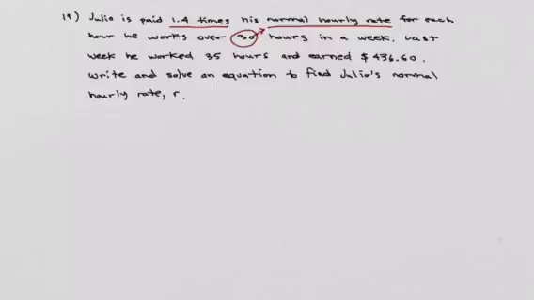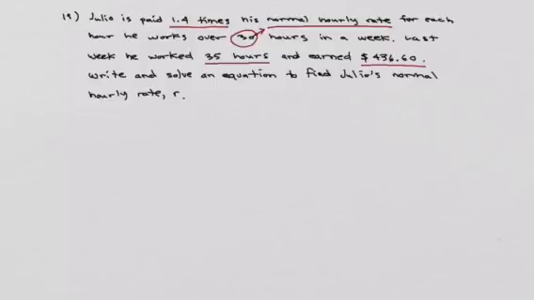Looking at the second sentence, last week he worked 35 hours and earned $436.60. Let's pick apart that information. The big pieces of information are, one, he worked 35 hours, and two, he made a total of $436.60.